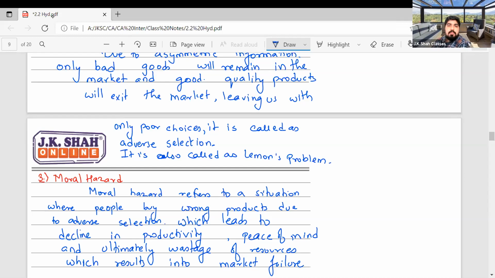Done? Now we are going to discuss examples in order to understand all the three parts very nicely. Let's have a look at it how.